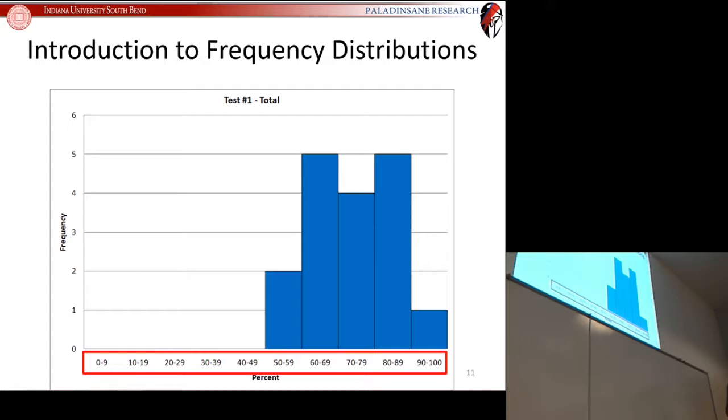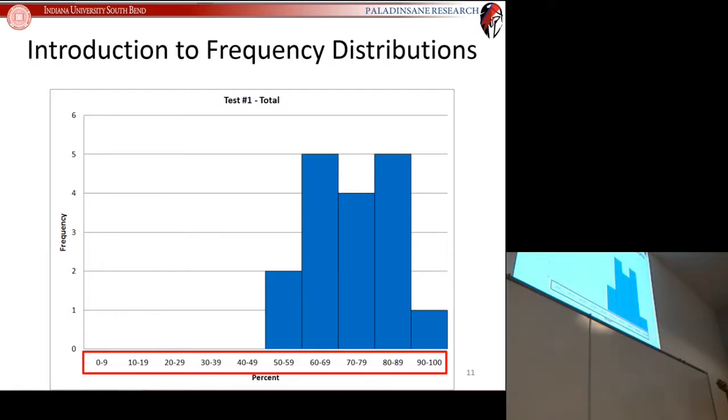All right, so now that we have this in order, one way to think about a frequency distribution is that I like to use the metaphor of the apartment buildings. So imagine these bars as apartment buildings, and imagine that each floor contains one individual.